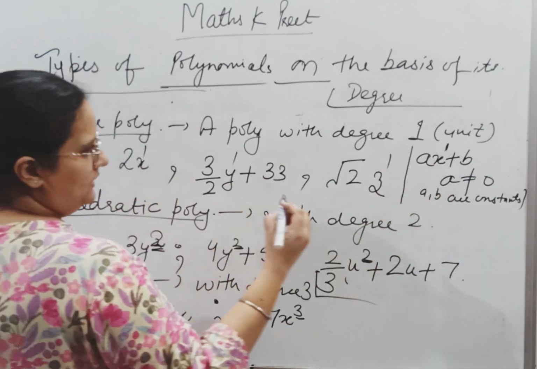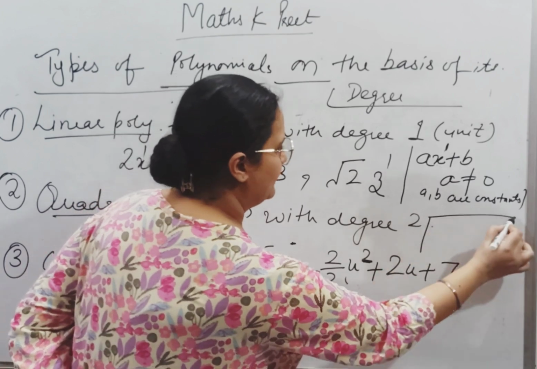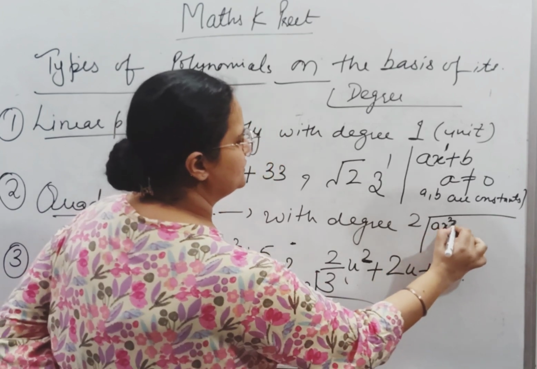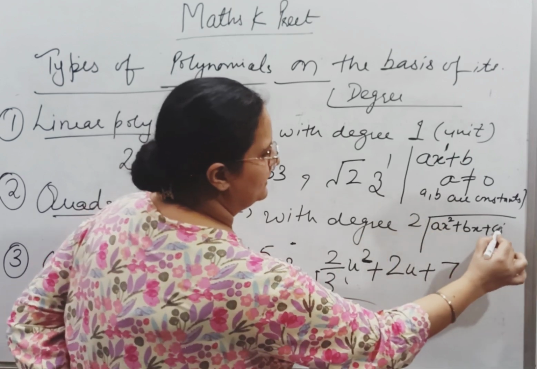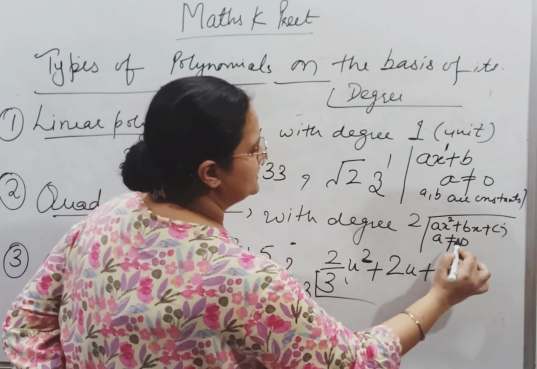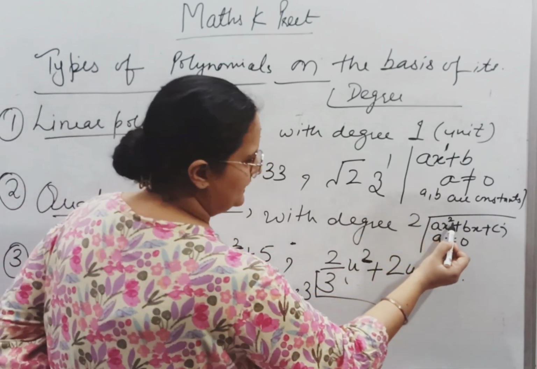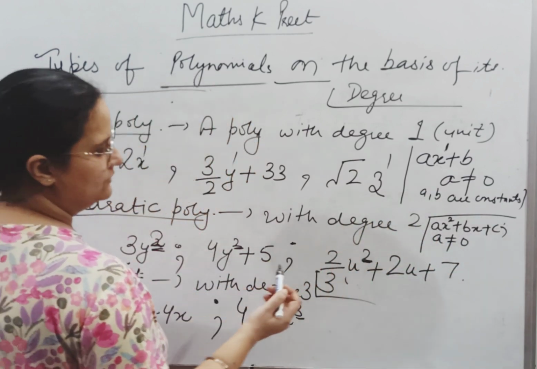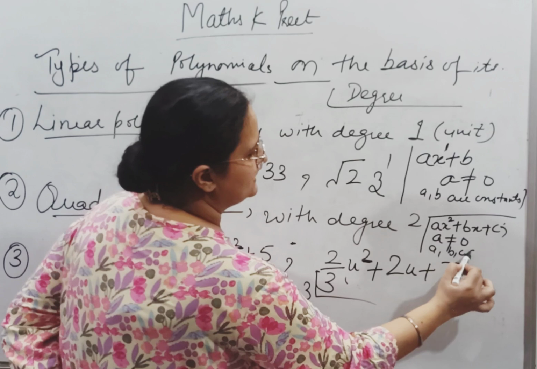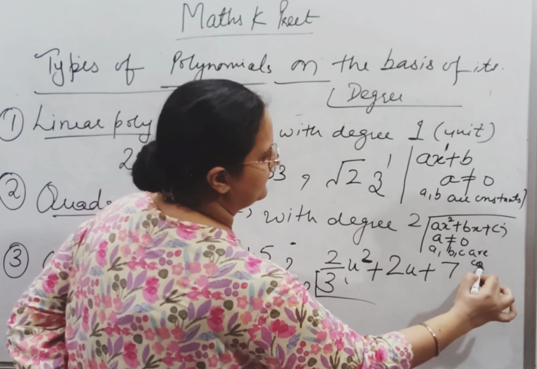Here, for quadratic, general is ax square plus bx plus c is the polynomial, where again a should not be equal to 0. Why? Because we are talking about quadratic, degree is 2, so a should not be equal to 0 and a, b, c are constants.